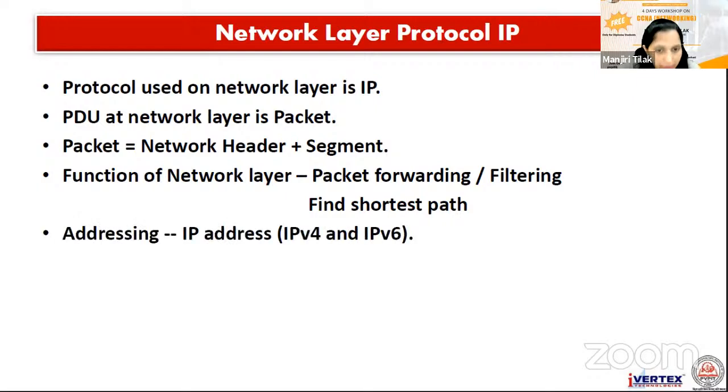Now, why IP address? Because TCP/IP uses IP, Internet Protocol, as the protocol on the network layer. For addressing in IP, we have two schemes: IP version 4 and IP version 6. Right now we have both implemented simultaneously in a network, but the future of networking is going to be IP version 6 only.